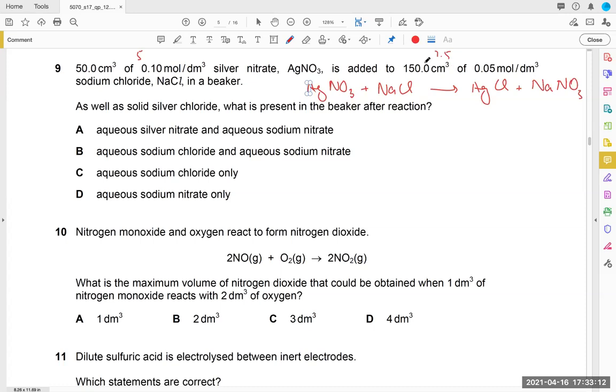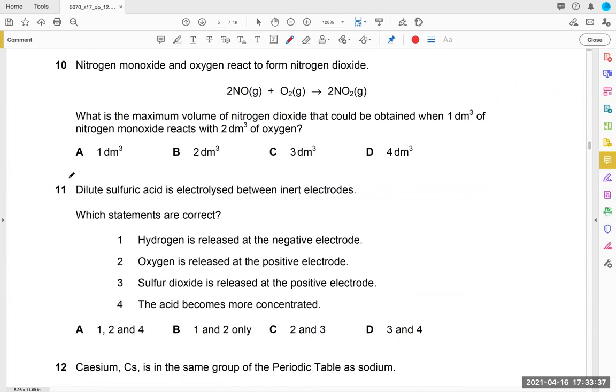Now, this one is in excess, okay? Sodium chloride is in excess. So that means we will have sodium chloride left at the end. We will have silver chloride because it's formed as a product, and we will also have sodium nitrate. So there's going to be sodium nitrate, there's going to be sodium chloride, and in addition, we will also have water because that's what they're dissolved in.